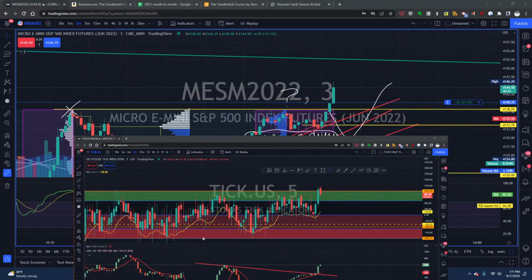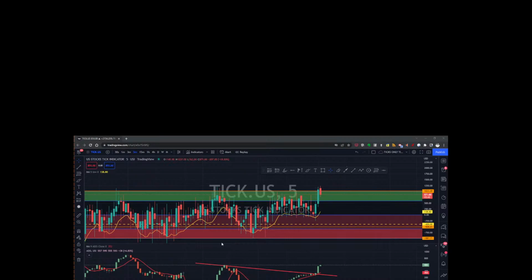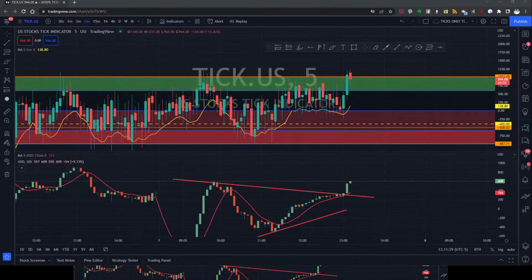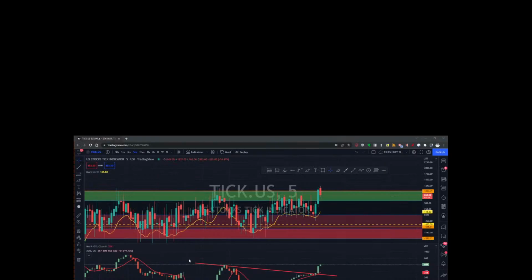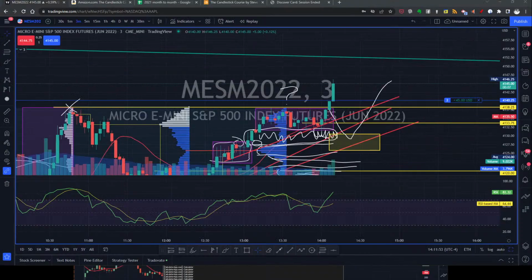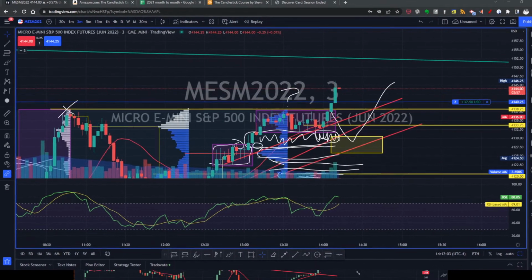Remove the display. Pushing up here, got about a $45 trade so far.